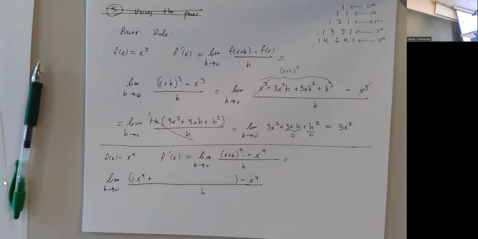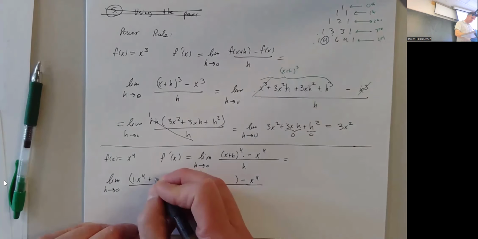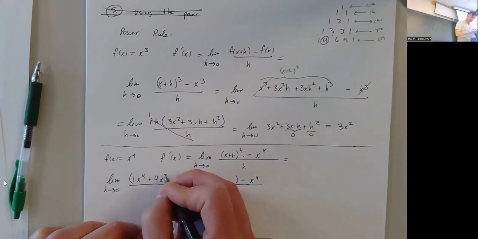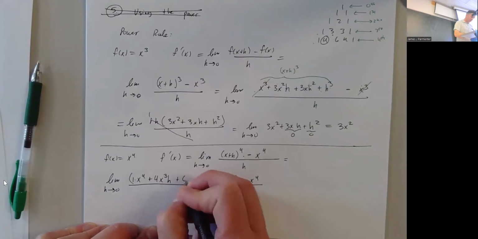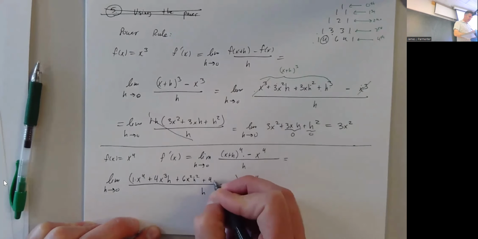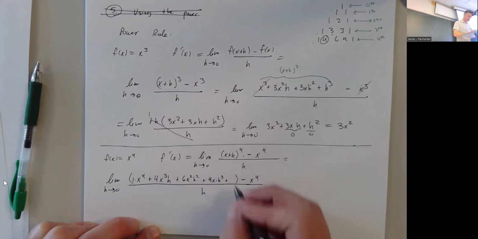We're using the 4 here to give us the next coefficient. And then the power of x is 1 less. The power of h is 1 more. What's my next coefficient going to be? What's my power of x going to be? What's my power of h going to be? And then 4 times x to the 1st times h cubed plus 1 times h to the 4th.